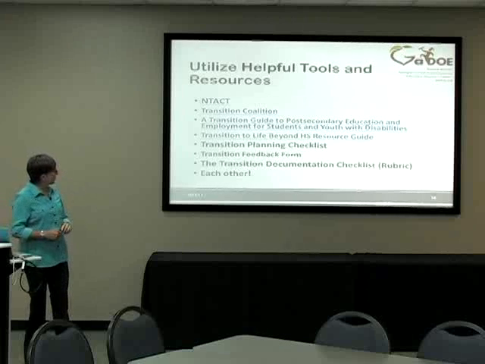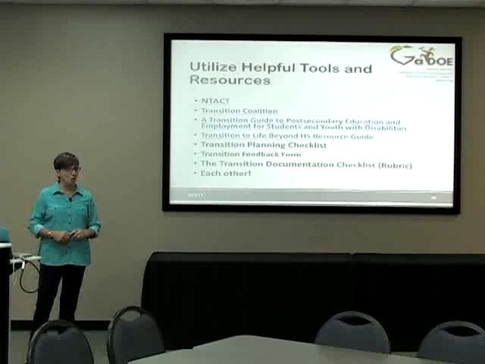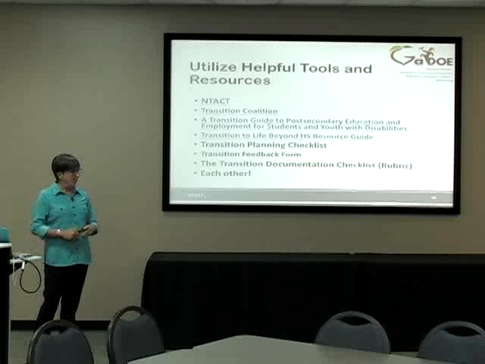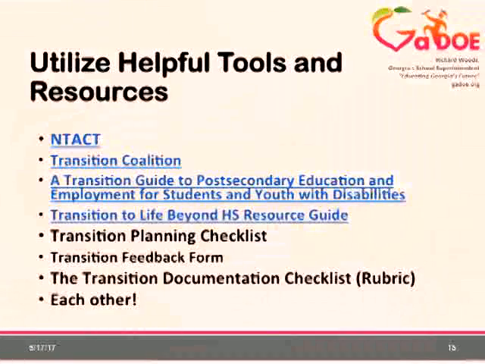The next one, the Transition Coalition website, is one that many of you could be familiar with already. This is based out of the University of Kansas. And these folks at the Transition Coalition are the ones that developed that wonderful tool that we use across the state called the Quality Indicators of Transition Practices. We lovingly call it the QI.